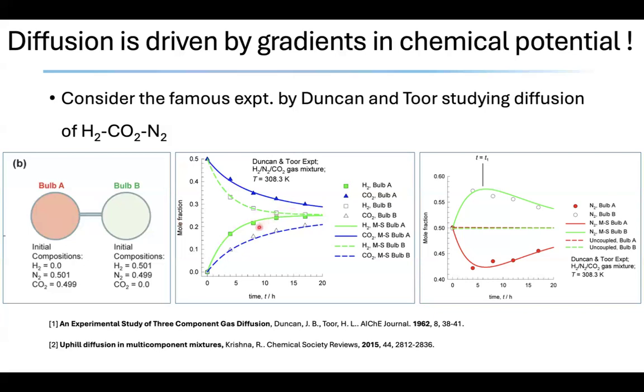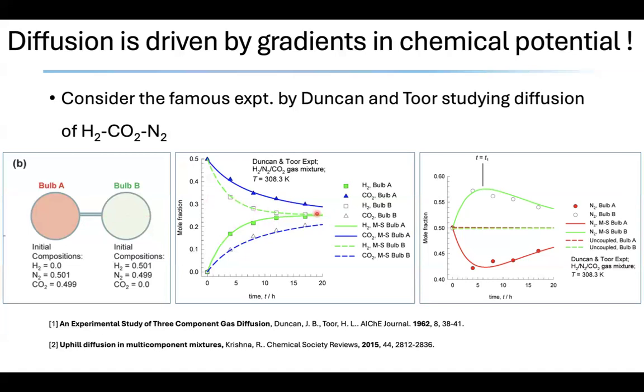What is clearly evident is that hydrogen in bulb A increases in time, as you can see by this slowly rising curve. Similarly, one would expect that if the concentration of hydrogen is increasing in bulb A, it should decrease in bulb B, which is what is seen here.